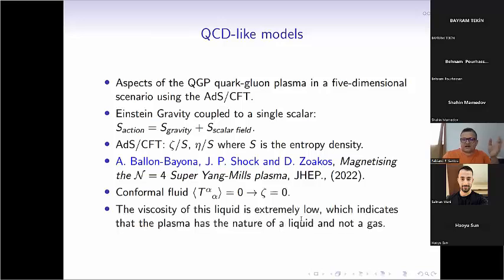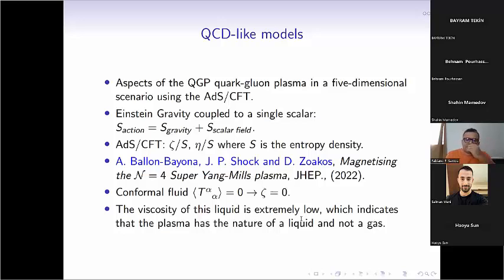But we have a little disagreement, because from the point of view of the experimentalists, this fluid or plasma has a low viscosity, and this low viscosity indicates that we have a liquid but not a gas.